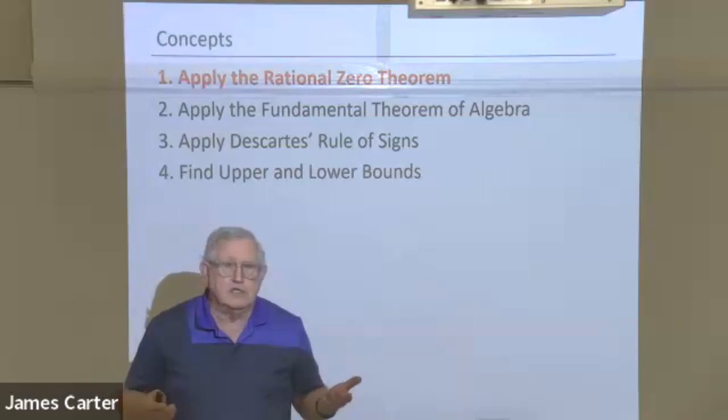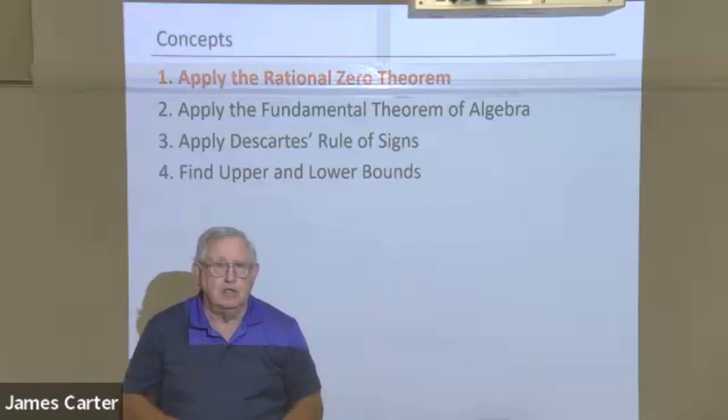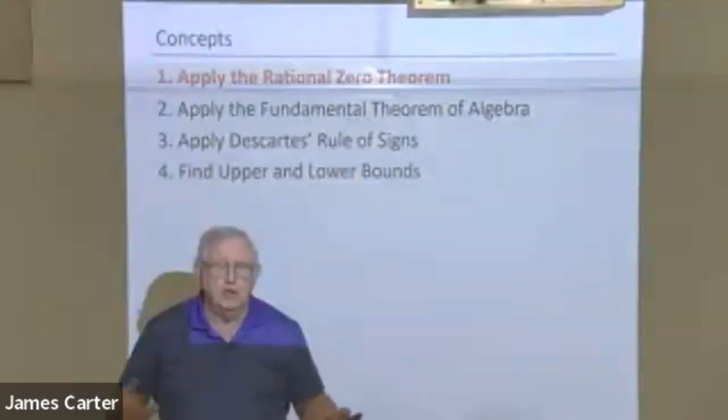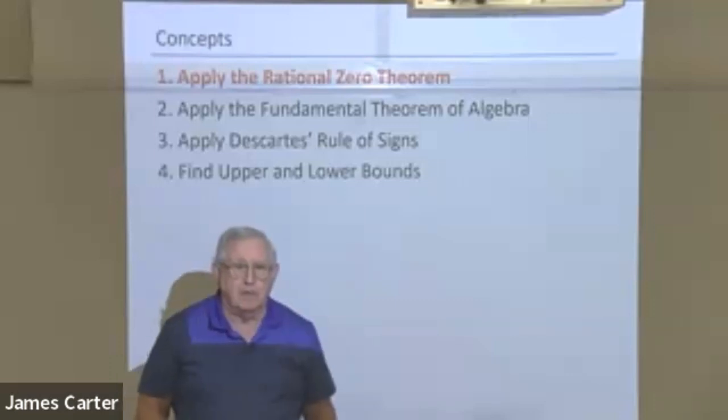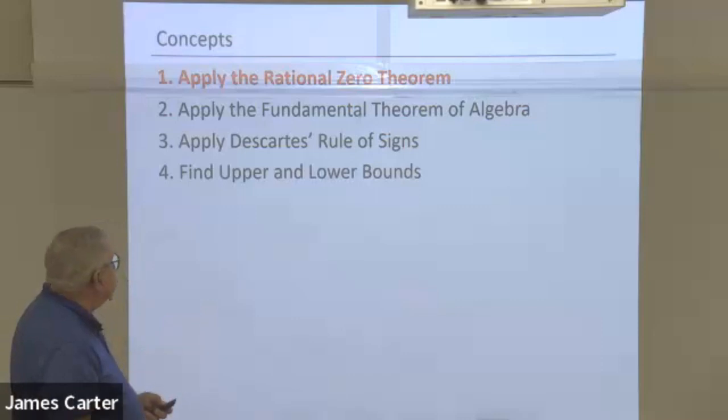What is this business about division? It's a process of factoring down till you get to degree 2, where you can use the quadratic formula or normal factoring methods to find all of the solutions of an equation. With that, we'll call a halt to this particular lesson.